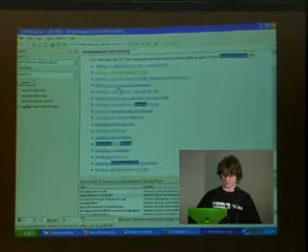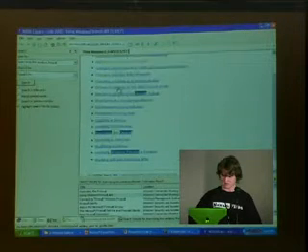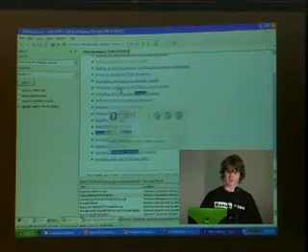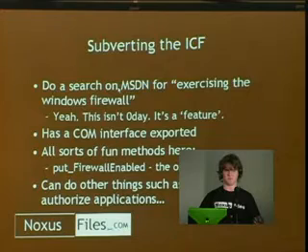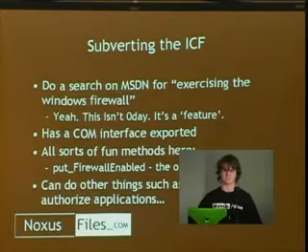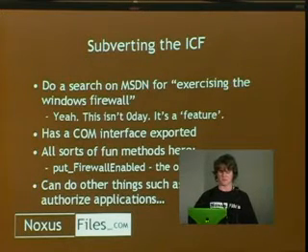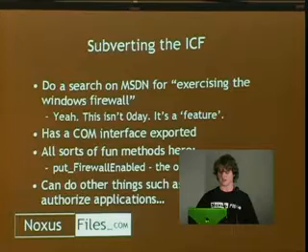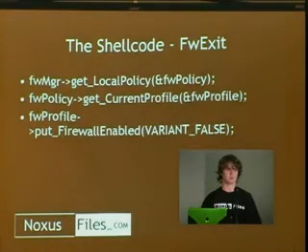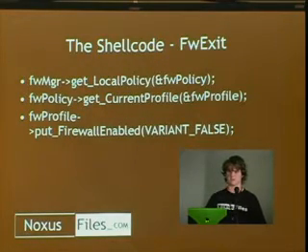Those are the main things. I mean, you can pretty much poke a hole through it and disable it as well. So this isn't 0-day, of course. It's a feature. So basically how this all works is there is a COM interface exported. And like I'd kind of demonstrated what those different methods can do.